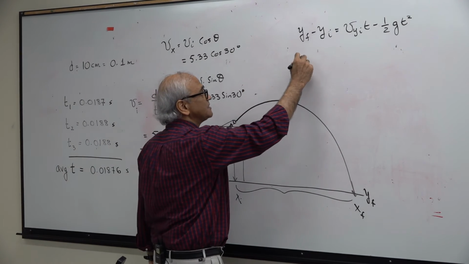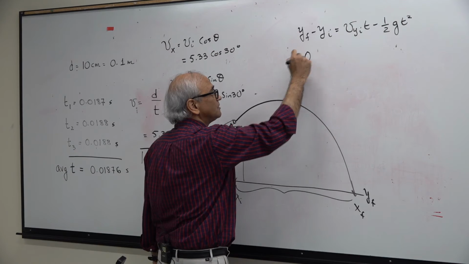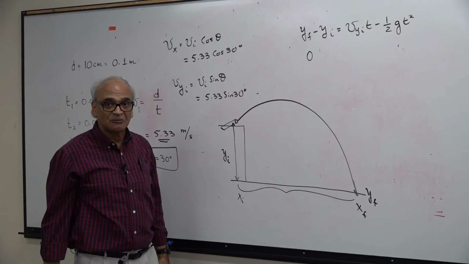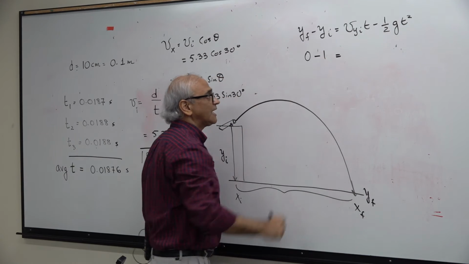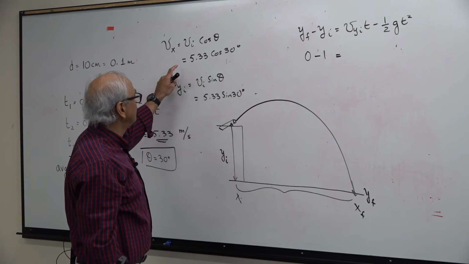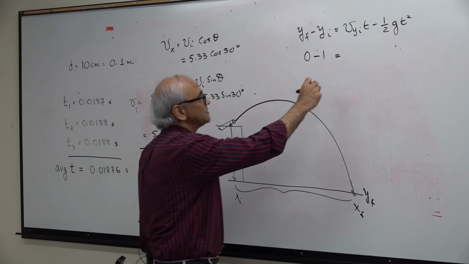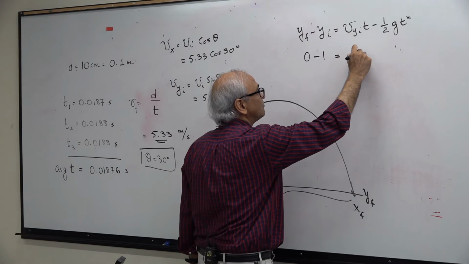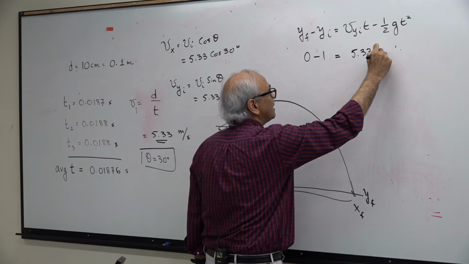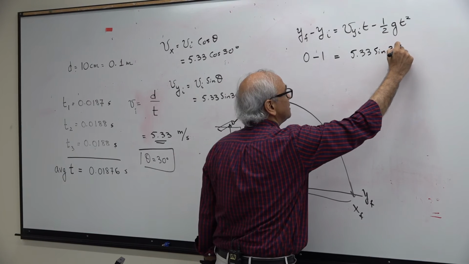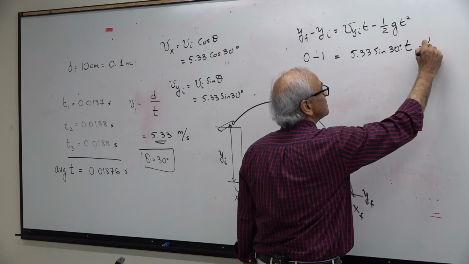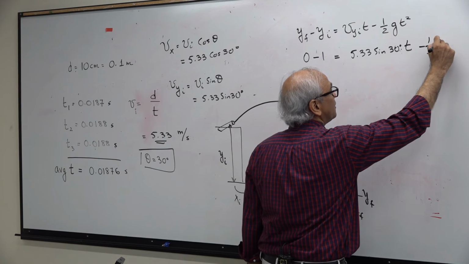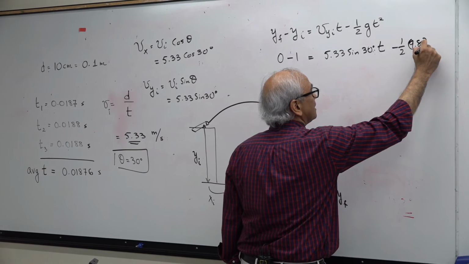So when you plug this in here, your final height is 0 meters, minus 1, and then your Vyi t would be this right here. Let me just plug this number in here for you. Sine 30 degrees t, and t is your unknown, that's your variable, minus half. Now use 9.8 in this case, and t squared.